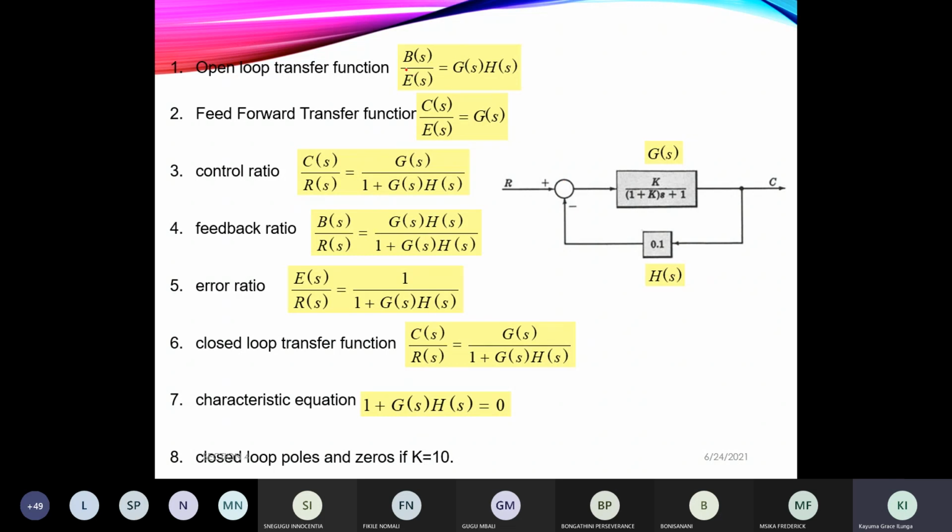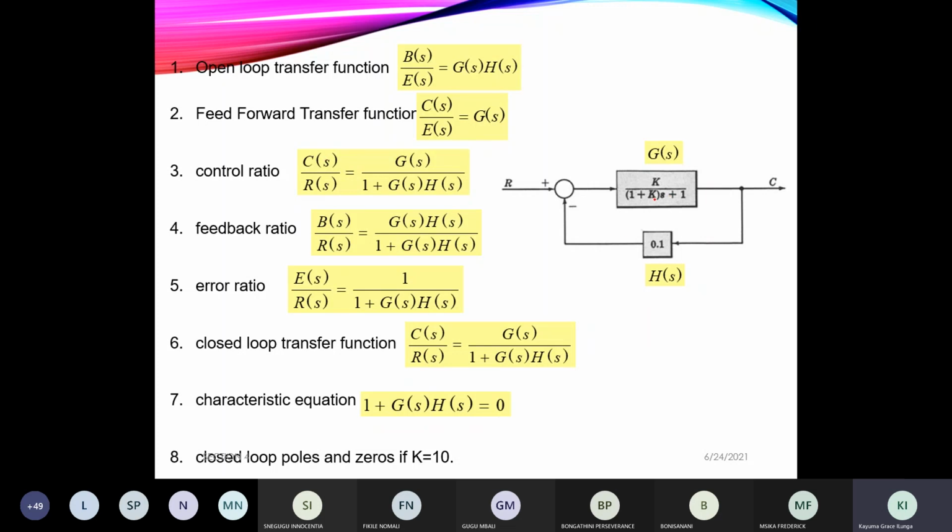So you can do G times H, you find your open loop transfer function. And you go to the feed forward. You know the feed forward is given by C of S over E of S. So you will also be able to find what your E of S is, and you know that it's going to be equal to G. So it's easy also. The control ratio, which is our transfer function of the feedback, the output over the input.